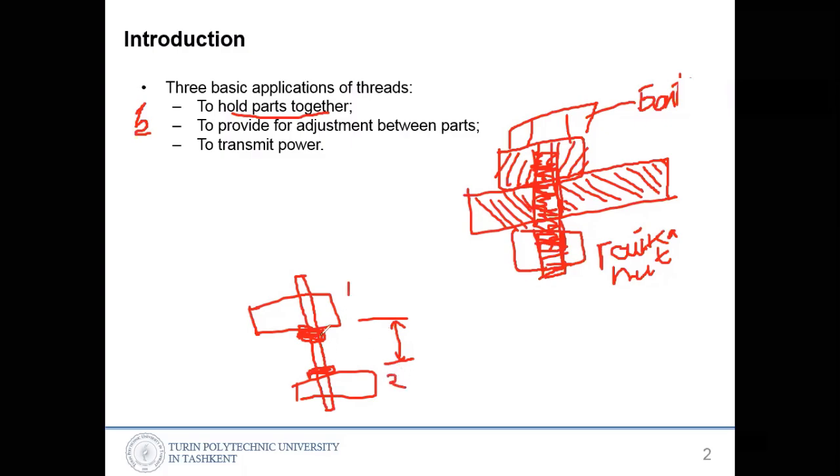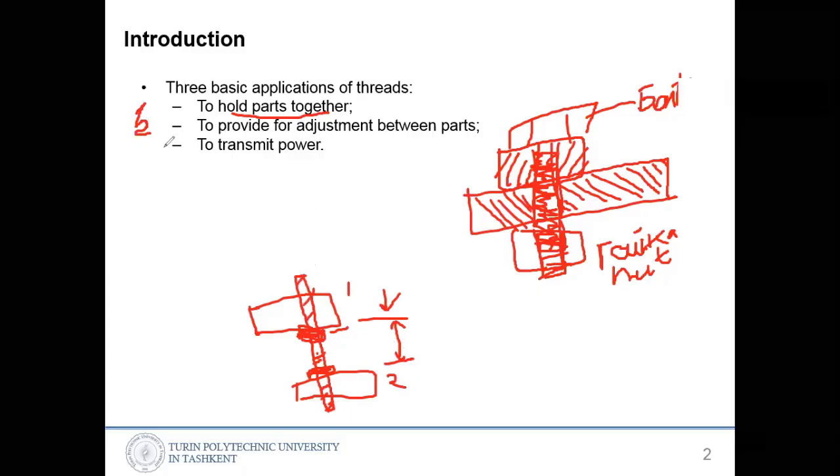Until you rotate this one, without rotation, it will be held in this position. When you rotate, it will change to this direction or another direction. So to hold parts, we are also using threading. This part is the threaded part.